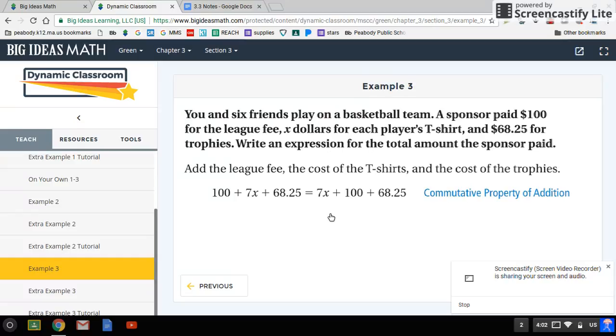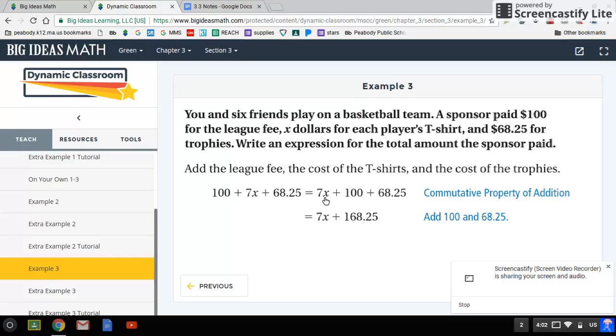Then they want us to simplify this as much as we can. Very important here. Since this is addition, we're going to be adding as much as we can. However, you can only add the constants. If you remember correctly, constants are the numbers all by themselves. So we can add the 100 and the 68.25 together to get 168.25 and then add the 7x to it.